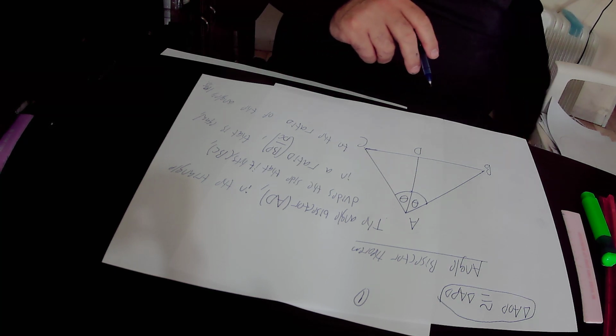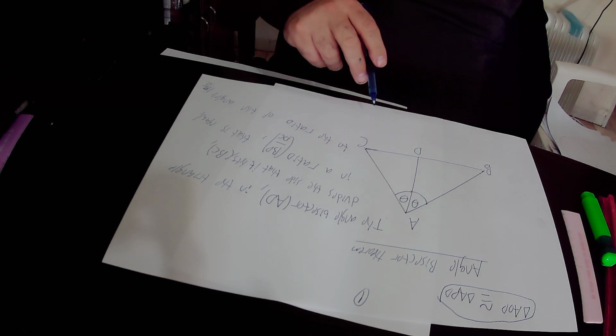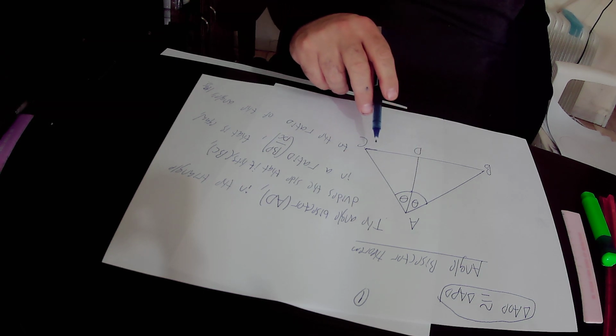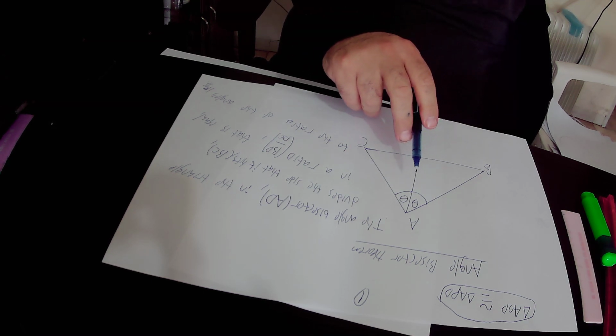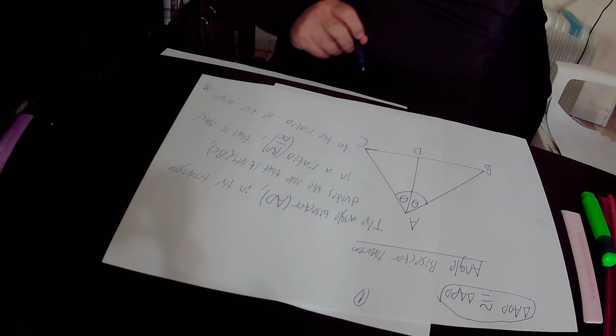That is to say, we are relating to angle BAC. Angle BAC has two legs. The first leg is leg AB and the second leg is leg AC.